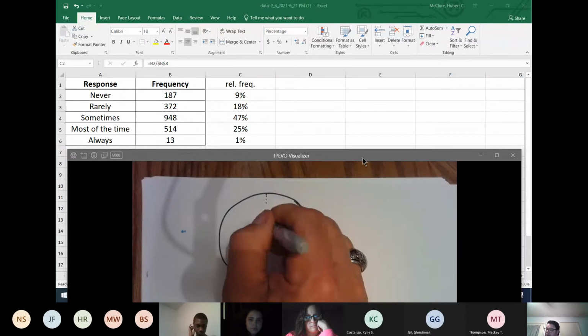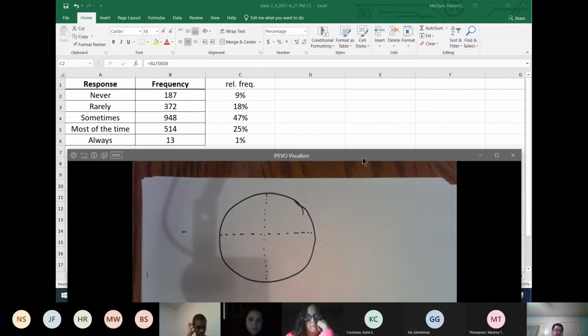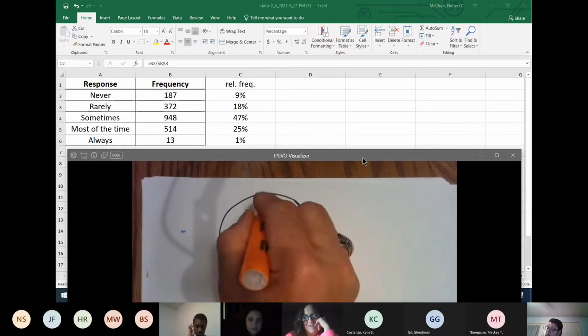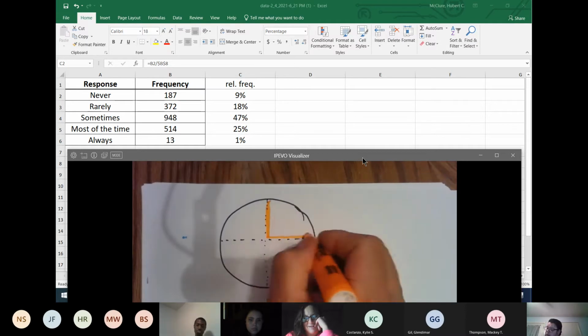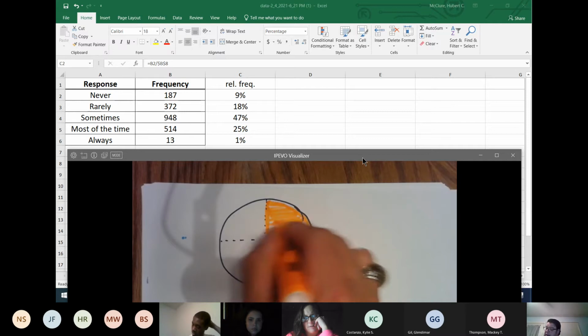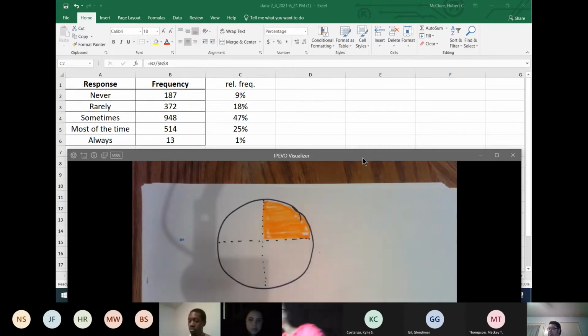Think of a pizza. And this one right here is 25%. That right there is 25%. Now, y'all should remember this from back in like 3rd or 4th grade.